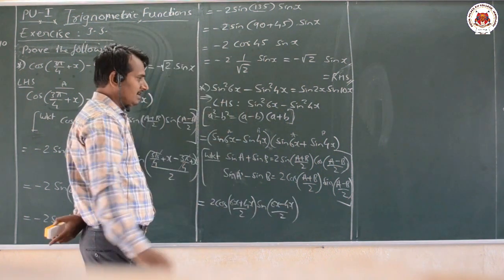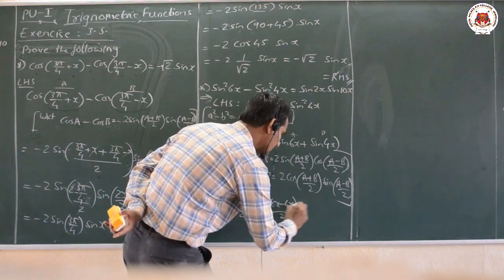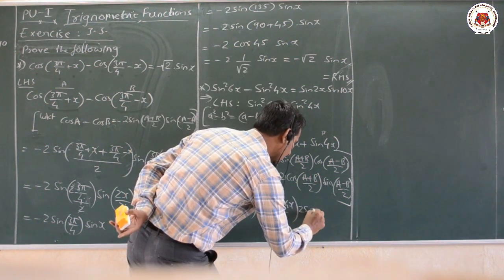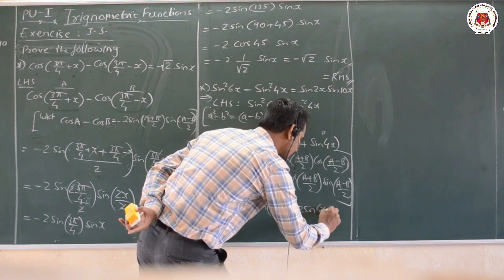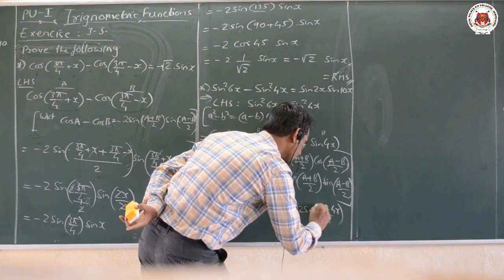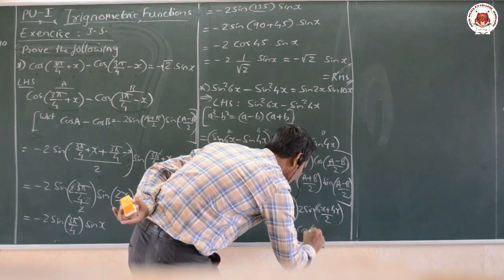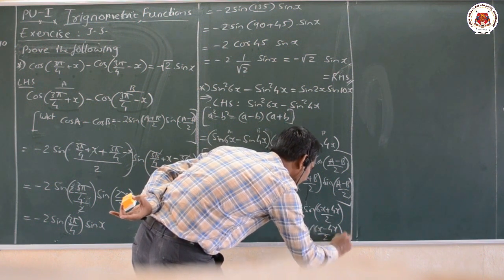Simple. Next is sine 6x plus sine 4x. What we get is 2 sine a plus b by 2, that is 6x plus 4x divided by 2, into cos a minus b by 2, that is 6x minus 4x divided by 2.